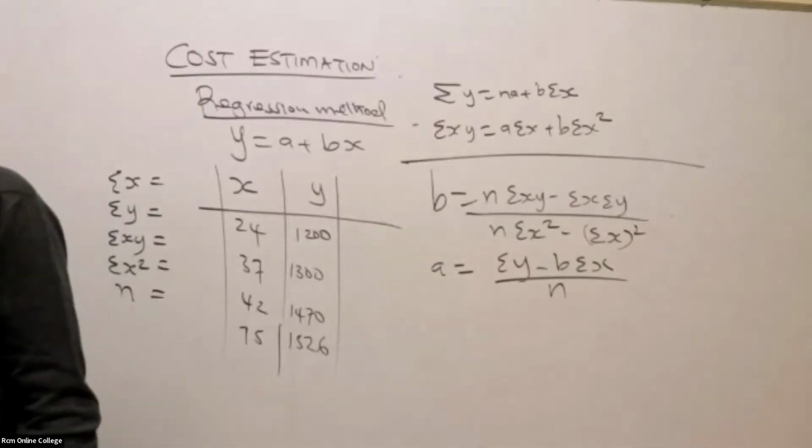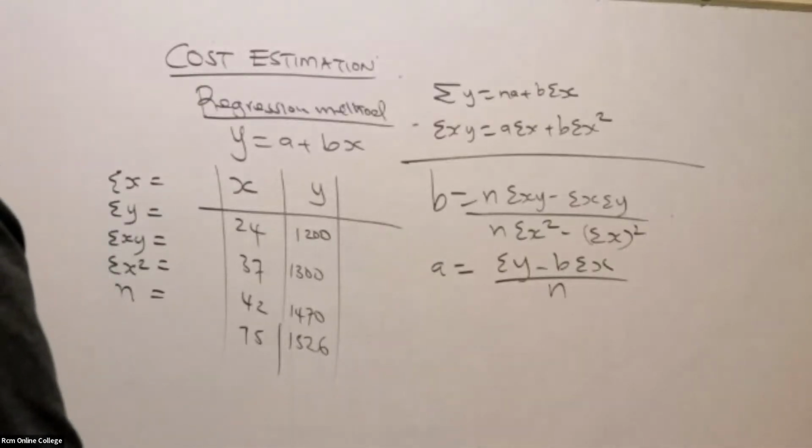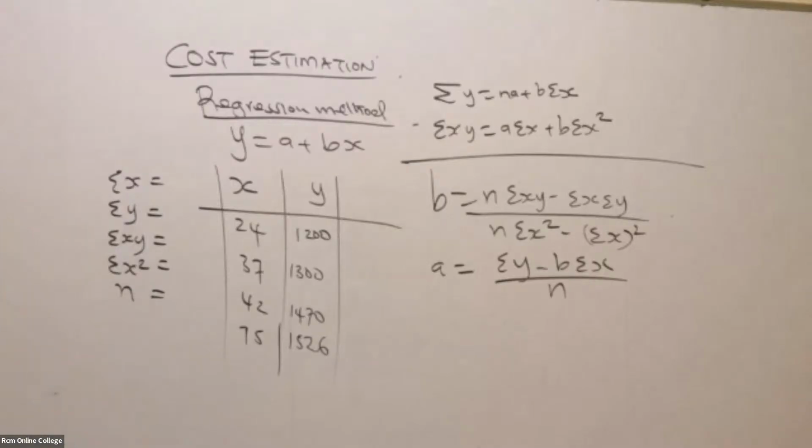Now, this is what I'm trying to explain here, and I want us to do it together. When you now get to advanced level, that is advanced management accounting, this is what you will be subjected to. So we have X as 24, 37, 42, 75.